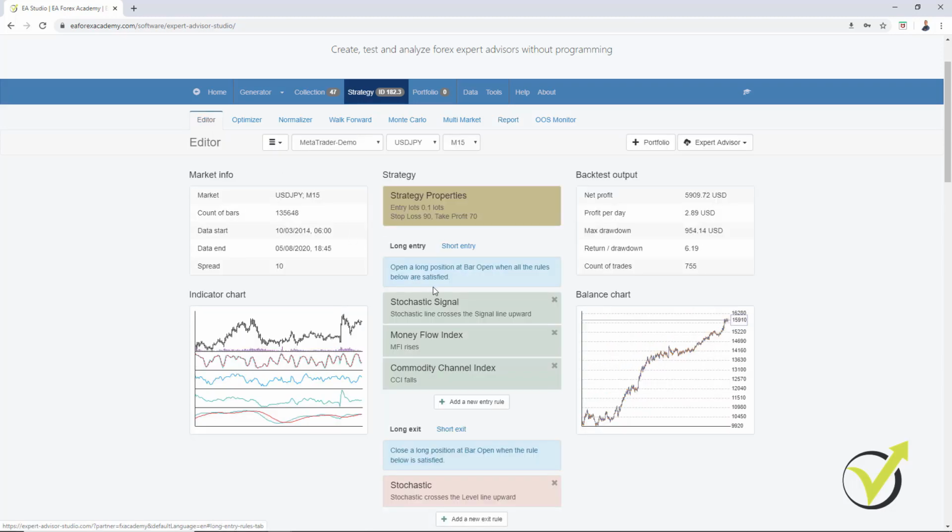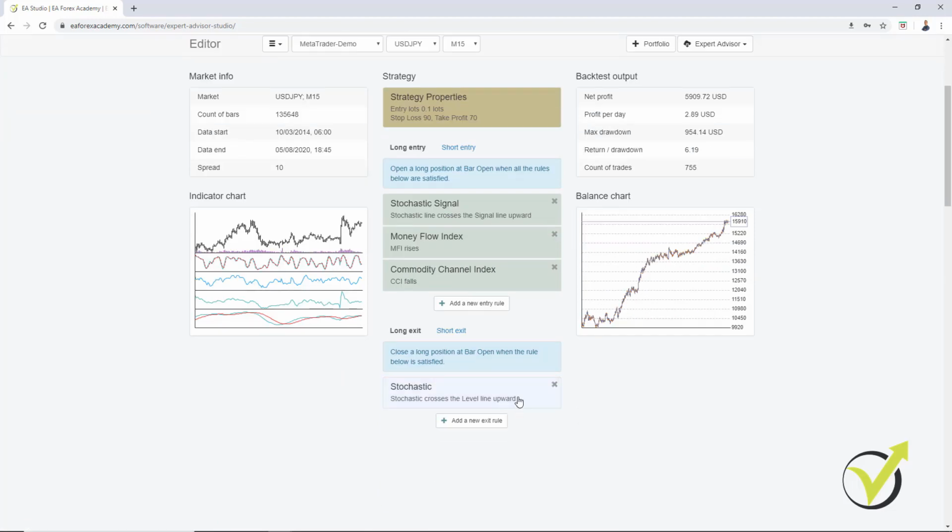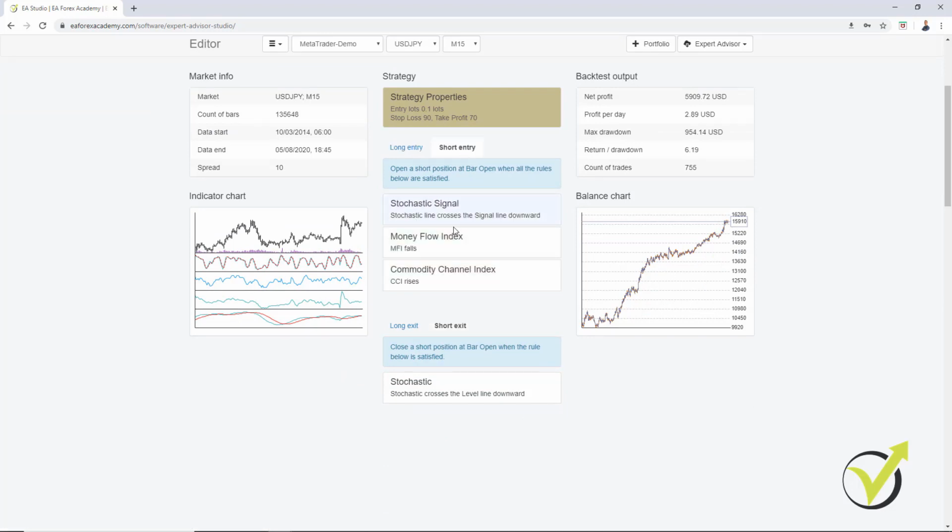And if you have difficulties with short and long, just use the short exit button and short entry button, which will show what are the rules to enter short or to sell. The easiest way to remember it is that we are looking for the opposite events.